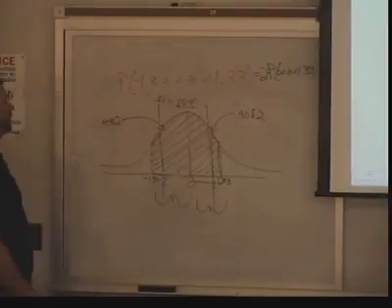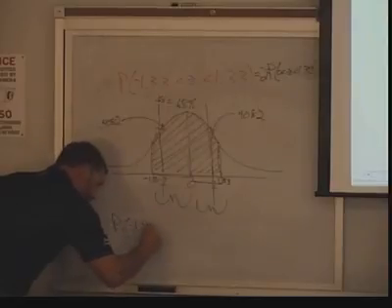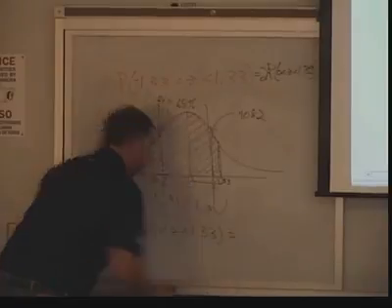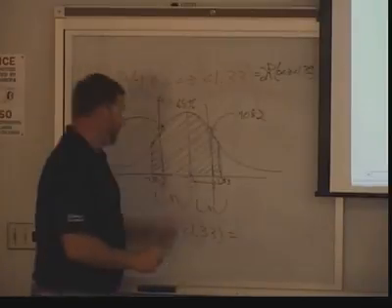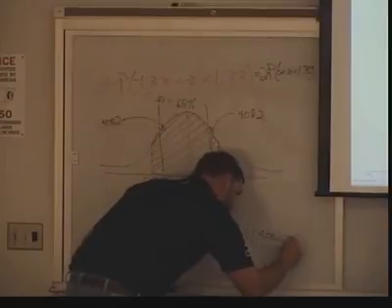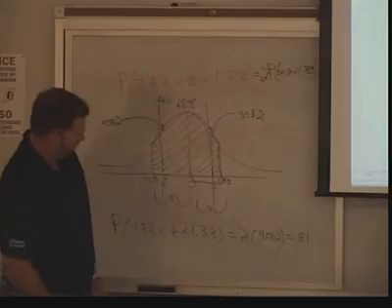So when I add them both together, I get the probability that negative 1.33 is less than z is less than 1.33, which is equal to these two numbers added together, or 2 times 0.4082, which equals 0.8164.